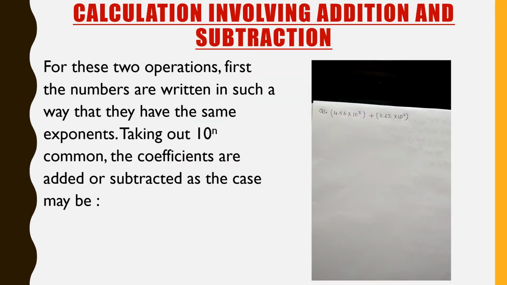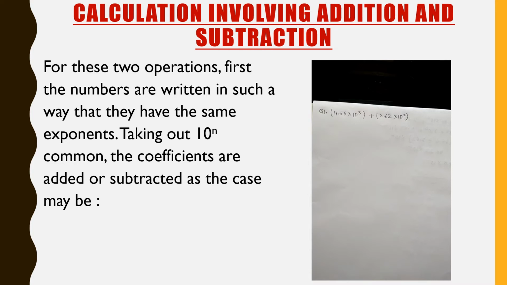Now some calculations involving addition and subtraction. For these two operations, first the numbers are written in such a way that they have the same exponents. Means for doing addition and subtraction, the exponents should be the same. So taking out 10 to the power n common, the coefficients are added or subtracted.